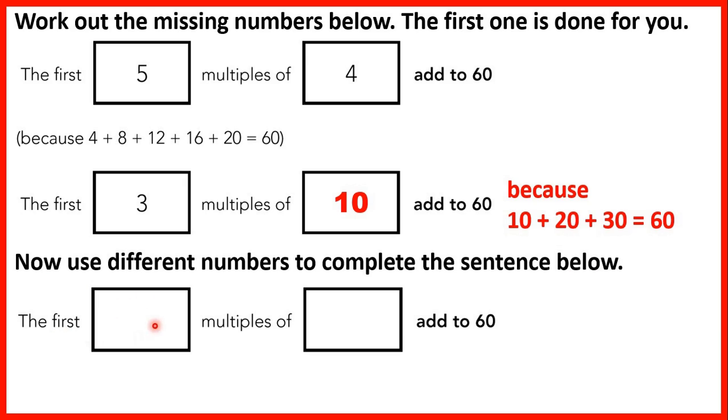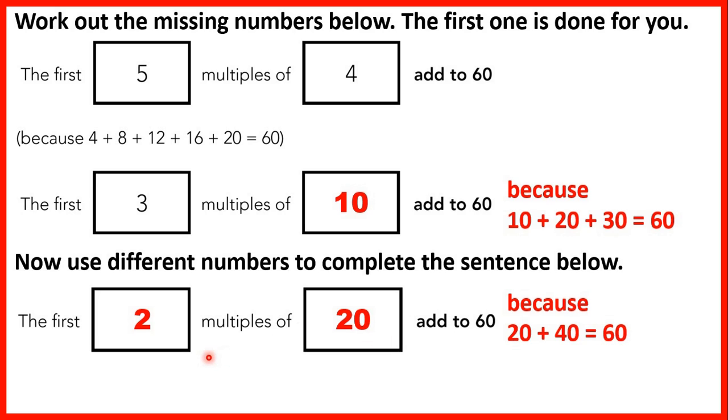The first how many multiples of which number add to 60? We could have the first 2 multiples of 20, because 20 plus 40 is 60, numbers in the 20 times table, and when we add the first 2 of those, we get 60.